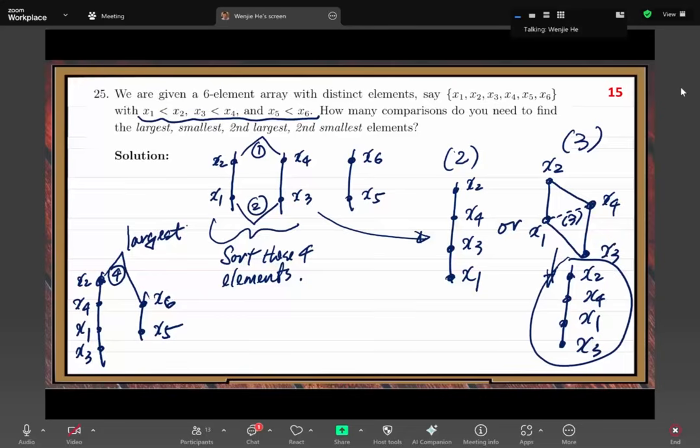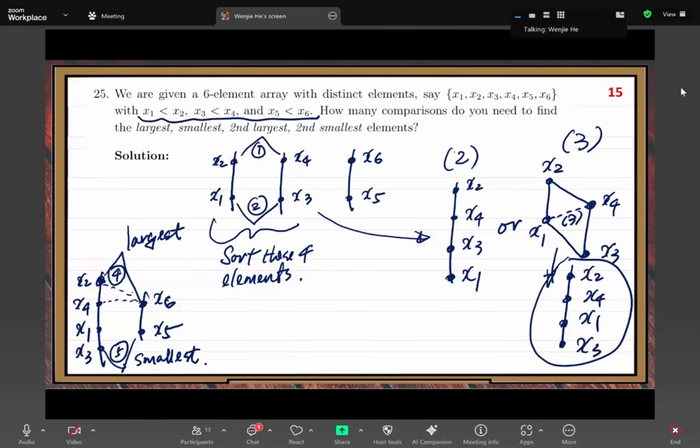Then one comparison at the lower end gives the smallest. Then, because in your first comparison you have a loser, you compare the loser with the next element in the other ordered array.